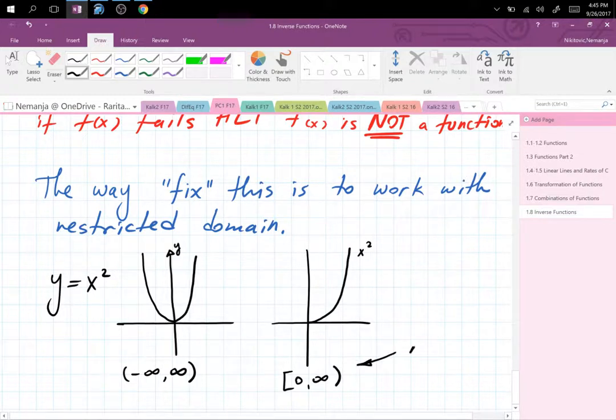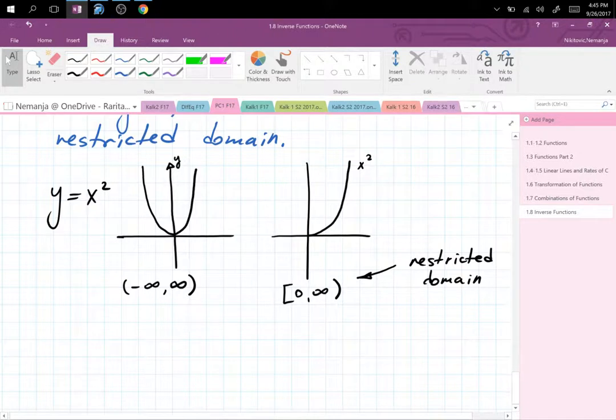This guy is restricted domain. Now, when I do the inverse, I don't have to worry about plus minus branches, because the minus branch, as you can see, is taken away.